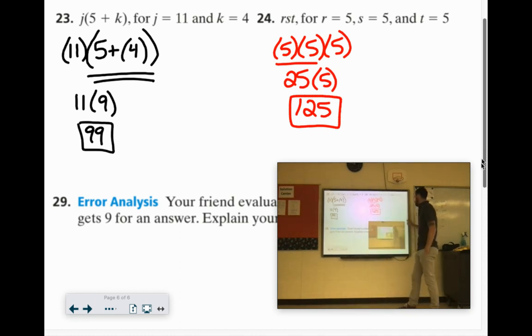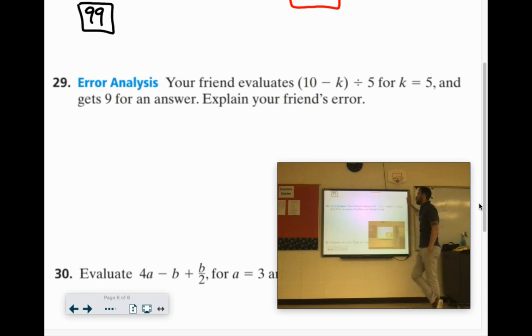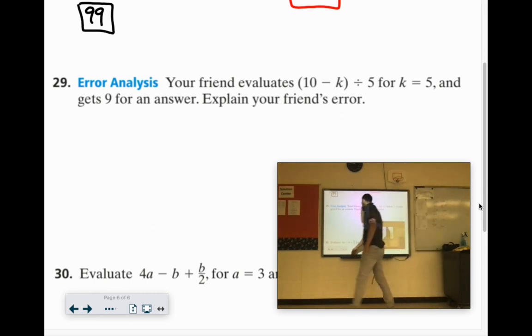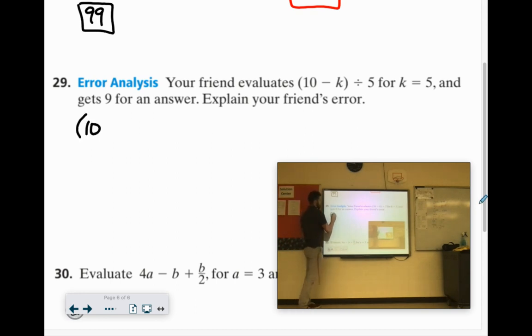All right. Our friend evaluates 10 minus k divided by 5 for k equals 5 and gets 9 for an answer. Well, again, let's figure out what we should do, and then we can probably find their error. So it should be 10 minus k, which is 5. You can put parentheses around the 5, it doesn't make a difference here.